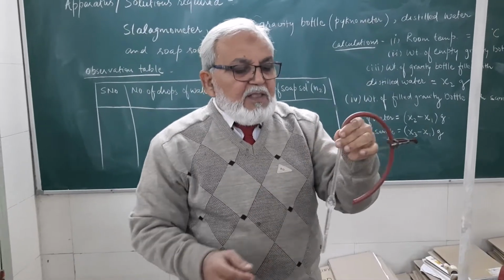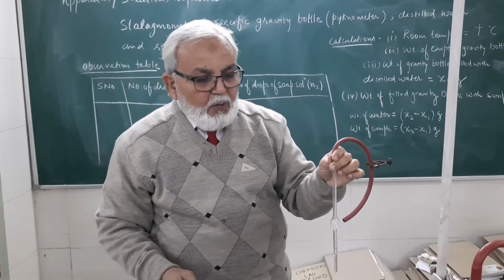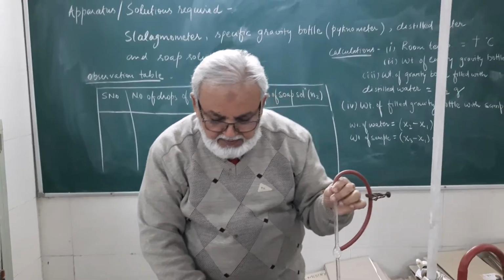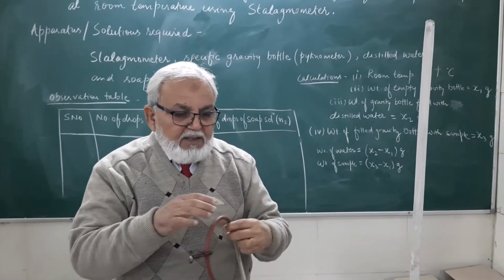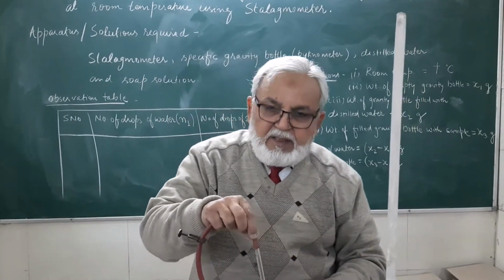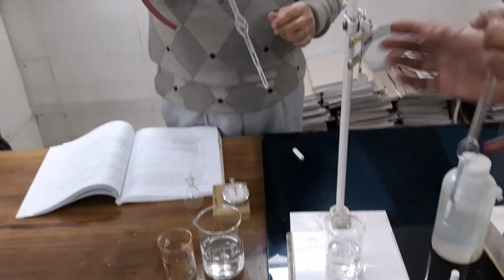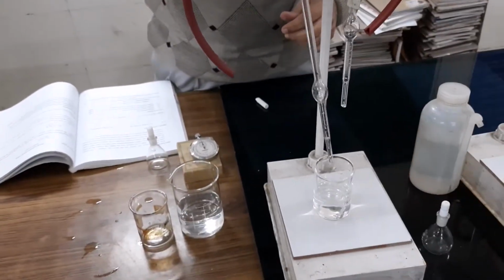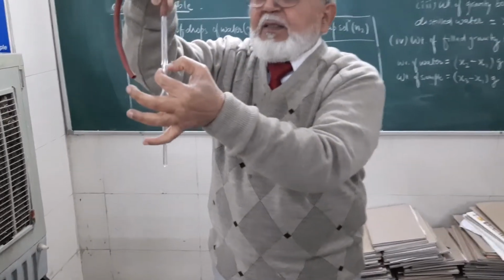The stalagmometer is firstly washed with chromic acid and then with distilled water, and then it is dipped into the given solution, firstly into the distilled water, and then it is sucked up to this point.